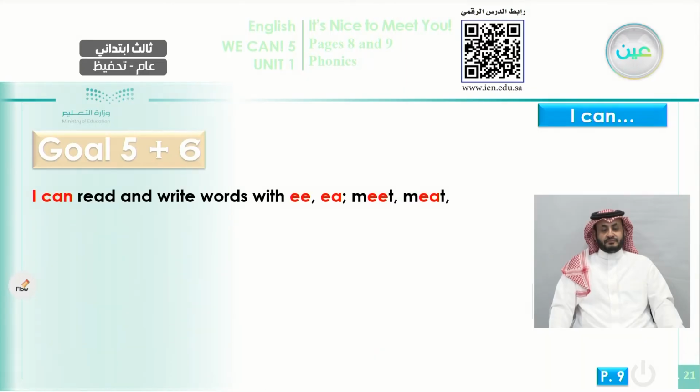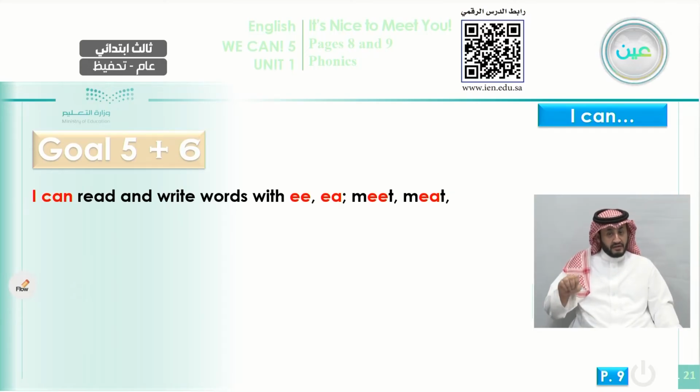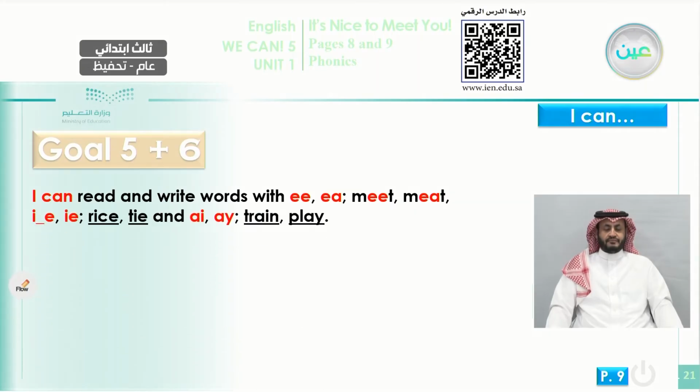Okay, now have you achieved the goals? Can you read and write words with EE, EA correctly, like in meet and meat? Okay, they are pronounced the same, but they are spelled differently. You have to be careful about that. And here we can also talk about IE, as in rice, as in tie, and AI, AY, as in train and play.